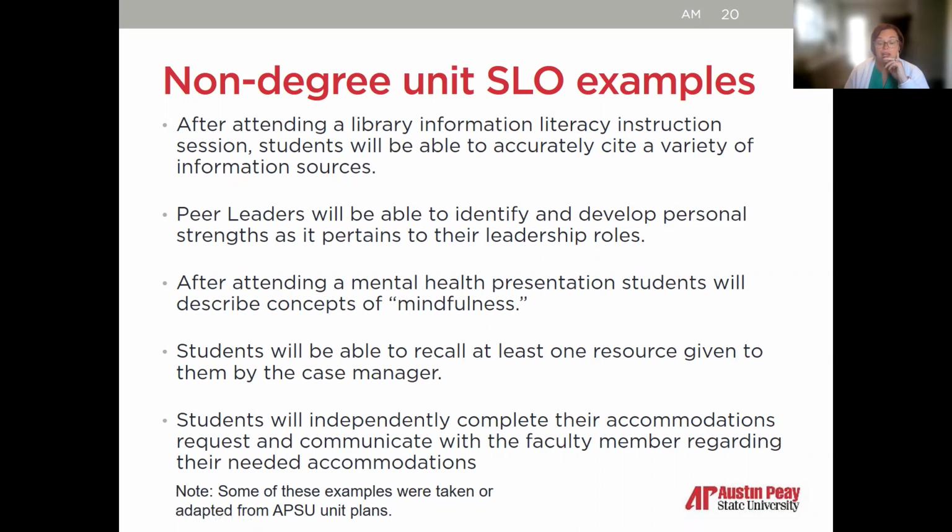Disability services, for example, want students to be able to communicate effectively on their own, and they have designed ways to assess that. So we thought it'd be helpful if you're struggling with whether this suits you and your unit. Maybe not, but this gives you a new way to think about how you might design an SLO.